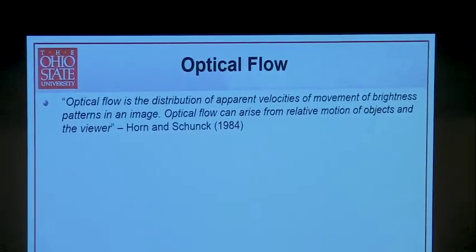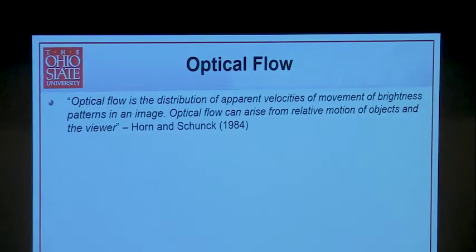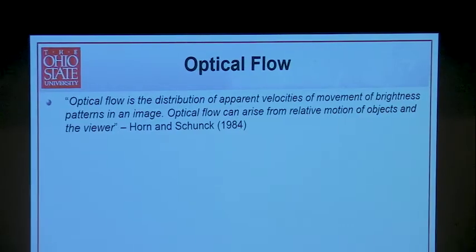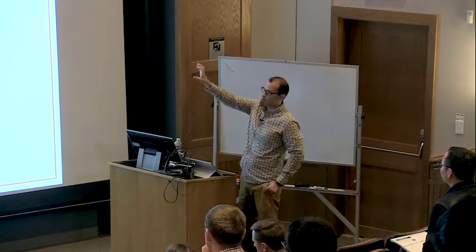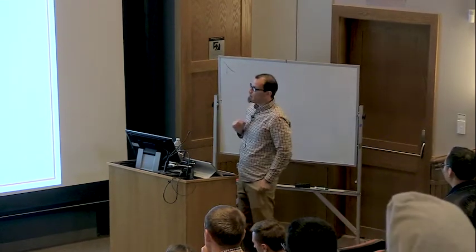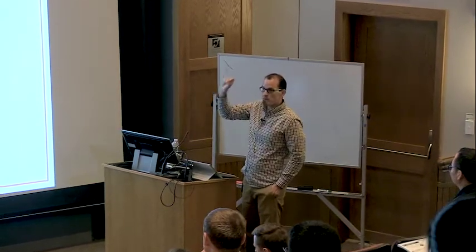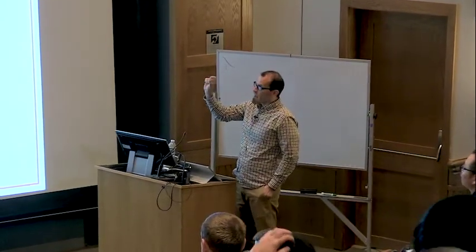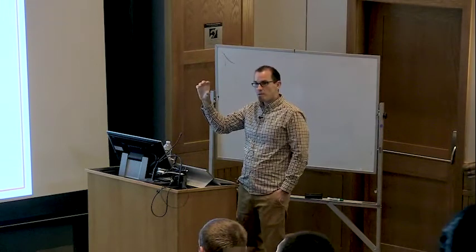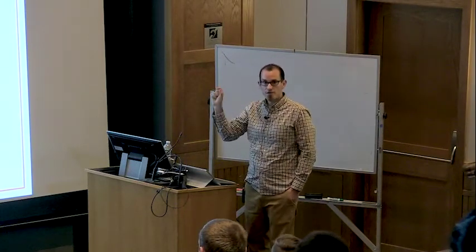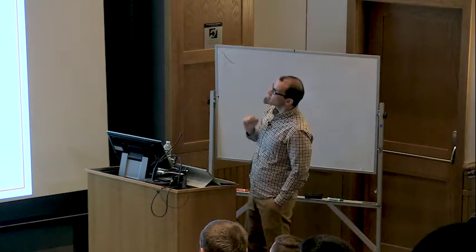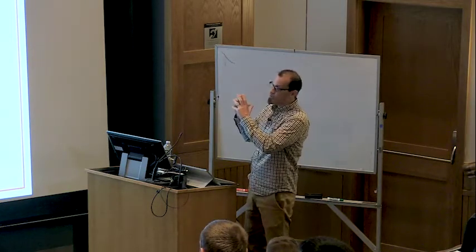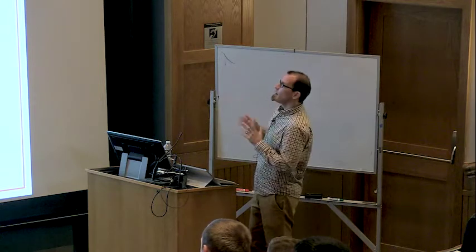So, in essence, the idea is that if I'm a fixed viewer, and let's imagine I have a square with a dot on it, and then that square and dot moves to some position. If that was, let's say, a white square with a black dot, I can tell basically the displacement of the square by just tracking the black dot, right? I had marked some region with a pattern, and I watched its movement, okay?